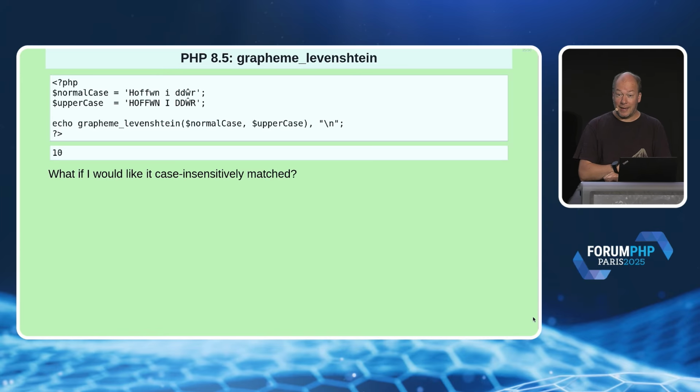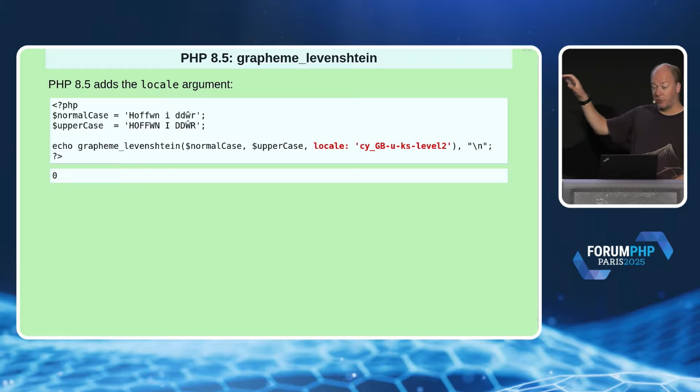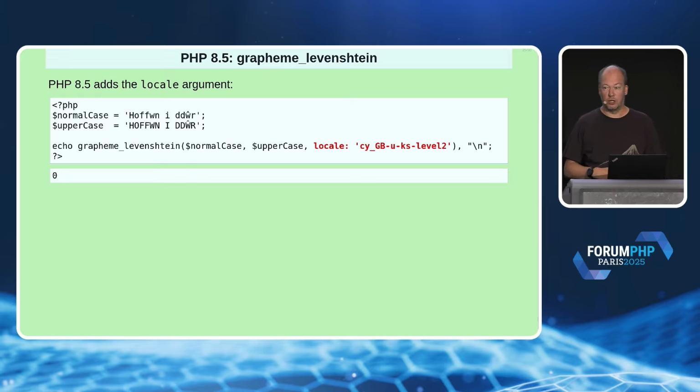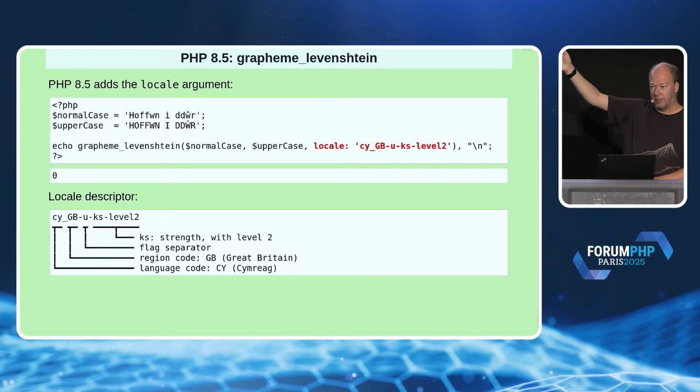So this gets more complicated if you also have to deal with different languages. This is Welsh for I'd like some water, please. That's fine, I have some water. But Levenshtein normally would only look at the characters themselves. It wouldn't know about lowercase and uppercase. But sometimes you might actually want to do that. And this grapheme Levenshtein function now has an extra argument where you can define the locale, and that looks like gibberish if you don't know what you're looking at. You probably have seen the language underscore region bit of it, right?